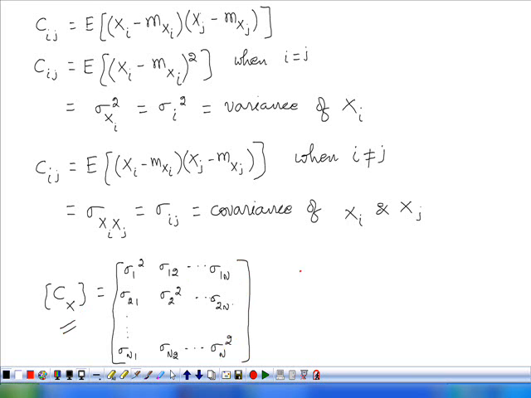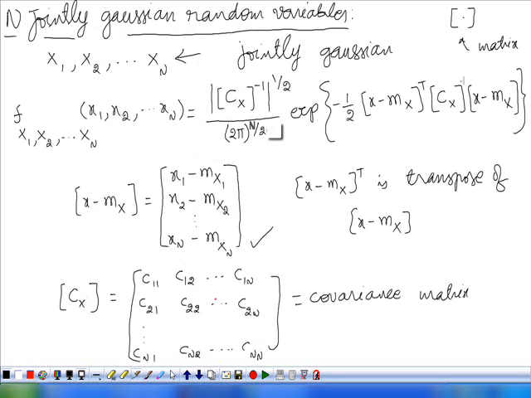So, once you know Cx, can we find the inverse of this? What does Cx inverse indicate? Cx is the covariance matrix and Cx inverse indicates the inverse of this matrix.